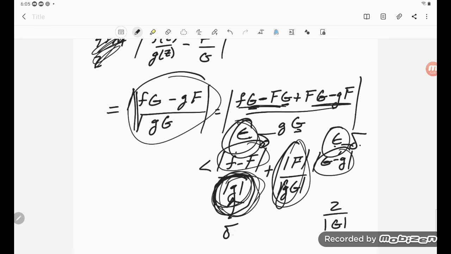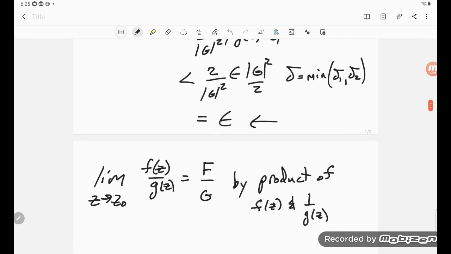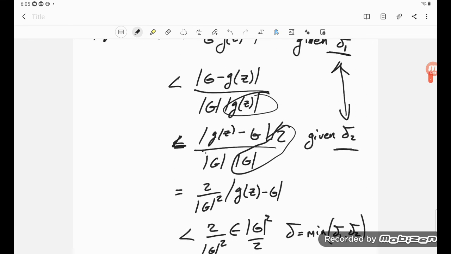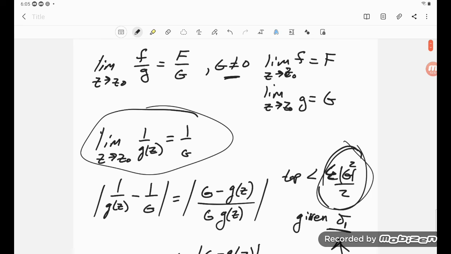So I'll have a delta 1, 2, and 3 for those. Okay, but that's the idea, and these all are kind of done basically that same way. You practice them a lot, and you get better at them. Used to the idea and so forth, but yeah, that is our limit of f over g.